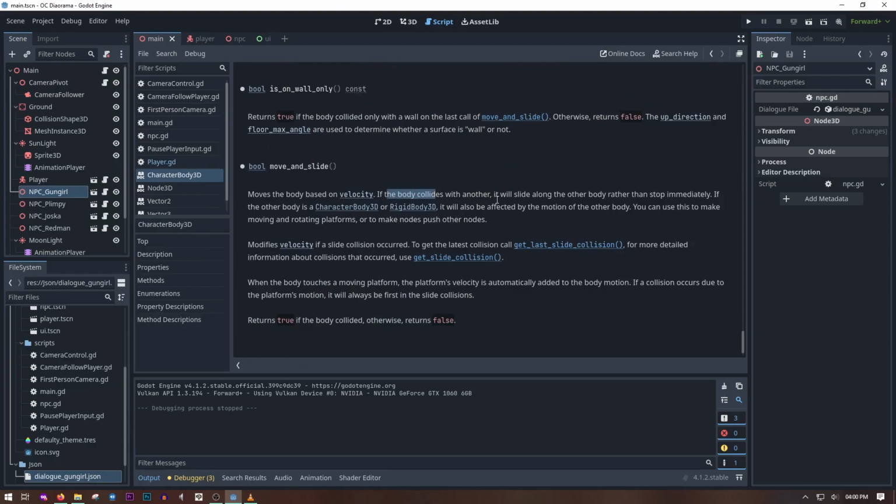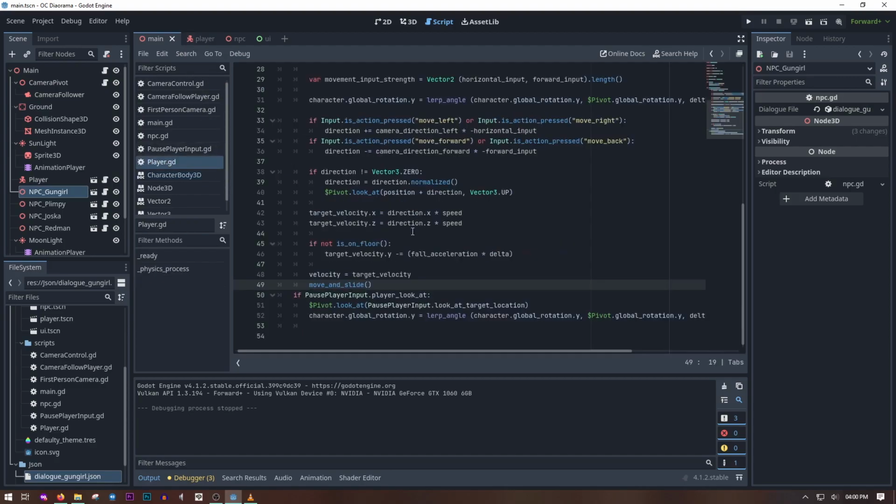If the body collides with another, it will slide along the other body rather than stop immediately. So it's sort of like an inherent Godot basic movement thing. It handles collisions and slides against them. Very handy for someone who doesn't want to bother with all that.